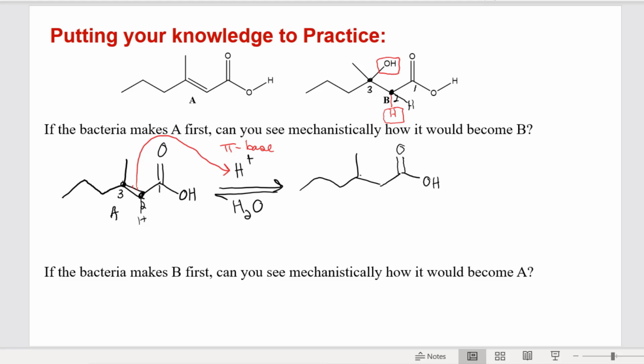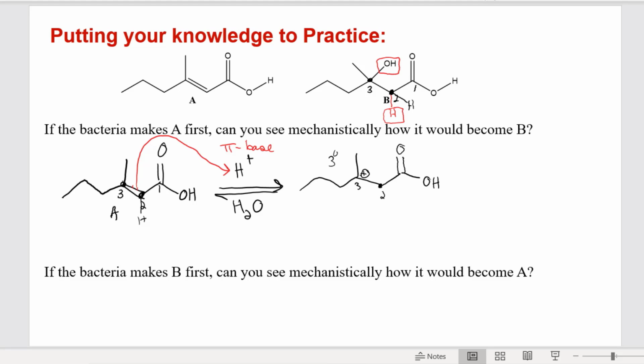Now the pi bond, when it adds the hydrogen, I'm going to put the new hydrogen at carbon 2, and I'm going to create a tertiary carbocation, because that's what we would have done. We wanted to form the more stable carbocation. It's tertiary. I also don't want to put it at carbon 2 because carbon 2 is right next to an electron withdrawing group. You can't withdraw from a hole, so definitely the best position was carbon 3.